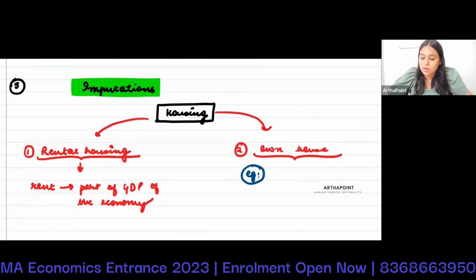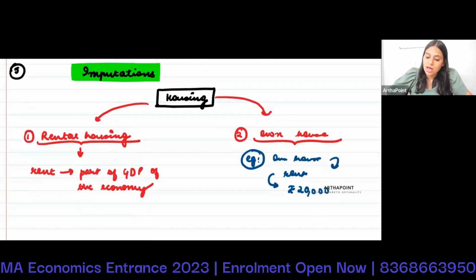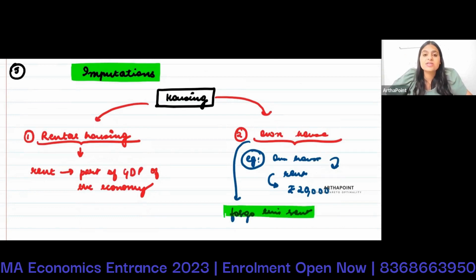If it is my own house and I am not living in it, I am giving it for rent. Somebody would have paid me a rent worth maybe 20,000. But when I live in this house, I forego this rent. This money that I forego is the opportunity cost of me living in my own house.